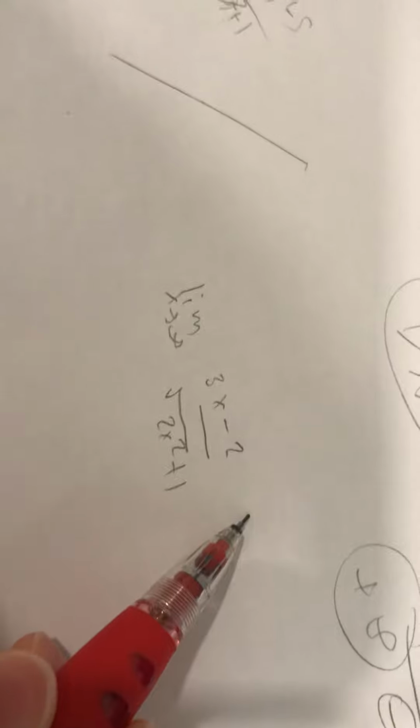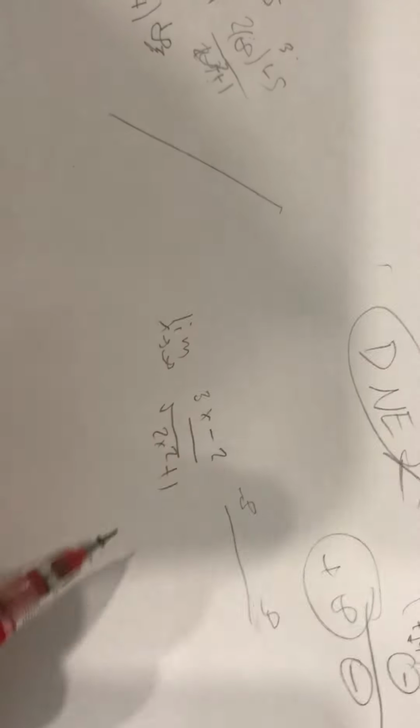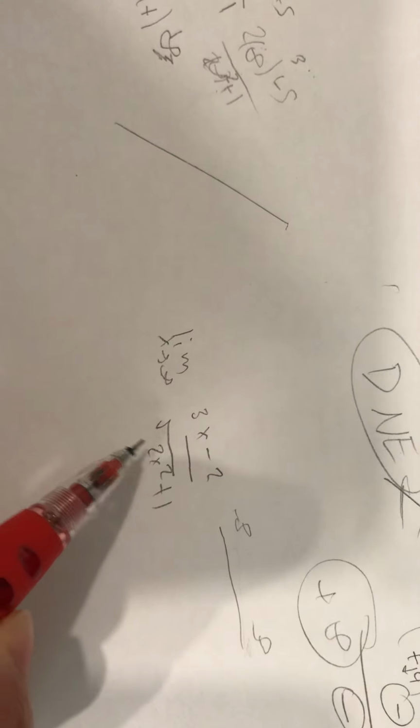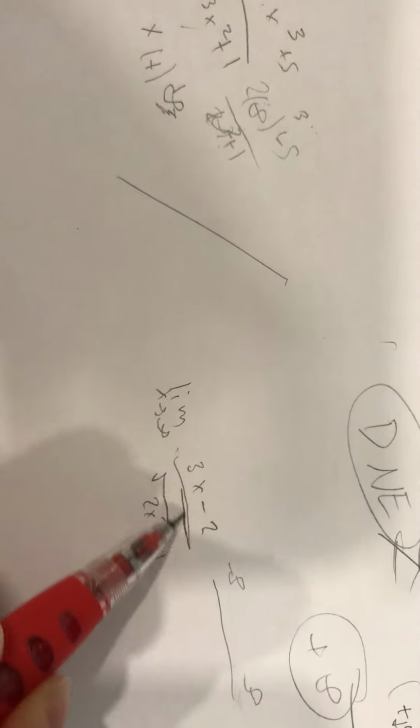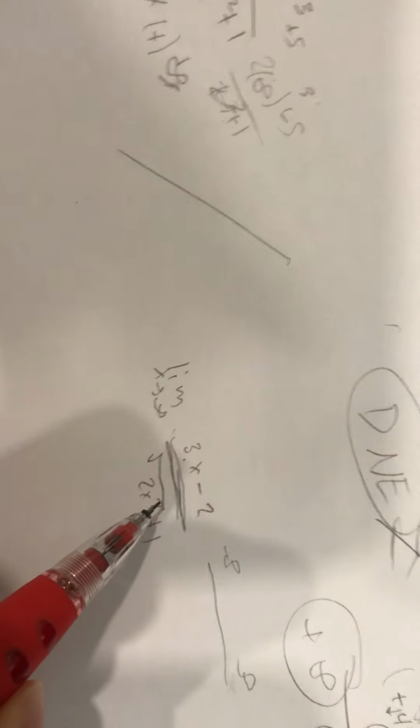Okay, so for this one, we'll have to find the horizontal asymptote because it's approaching infinity. So we can see that the highest power, we would divide each term by the highest power.